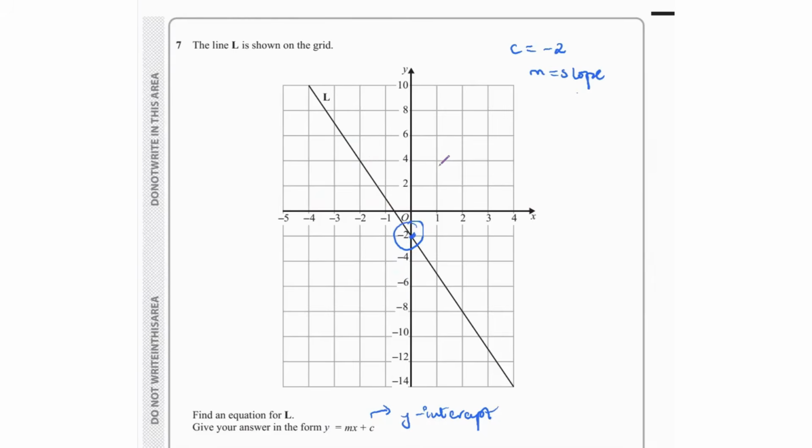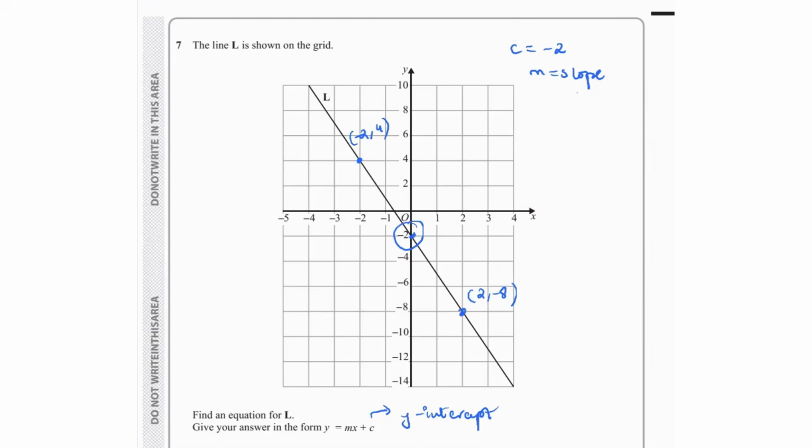So for the slope, what we can do is you can pick 2 points on the line, preferably whole numbers. So if you pick this point and let's say this point over here. So this point is -2 and 4, and this one is 2 and -8.